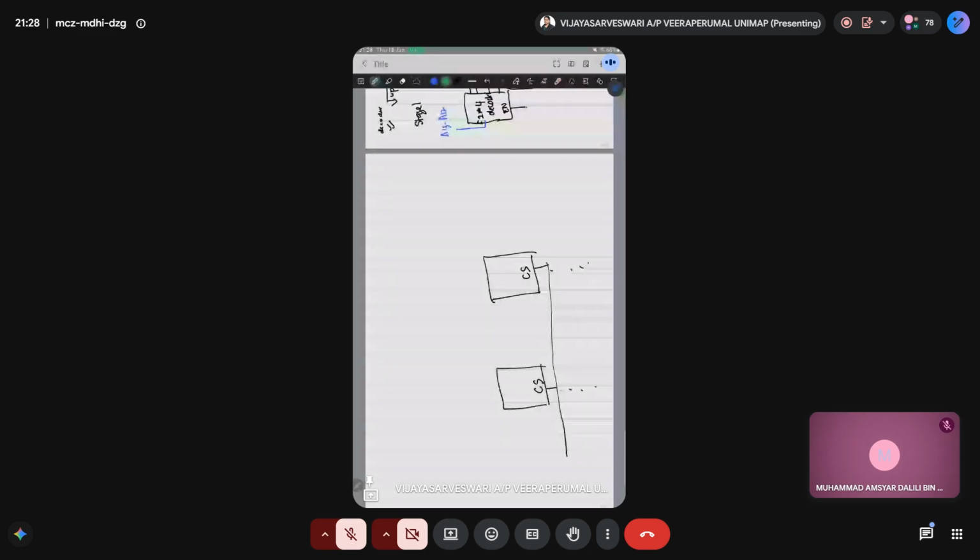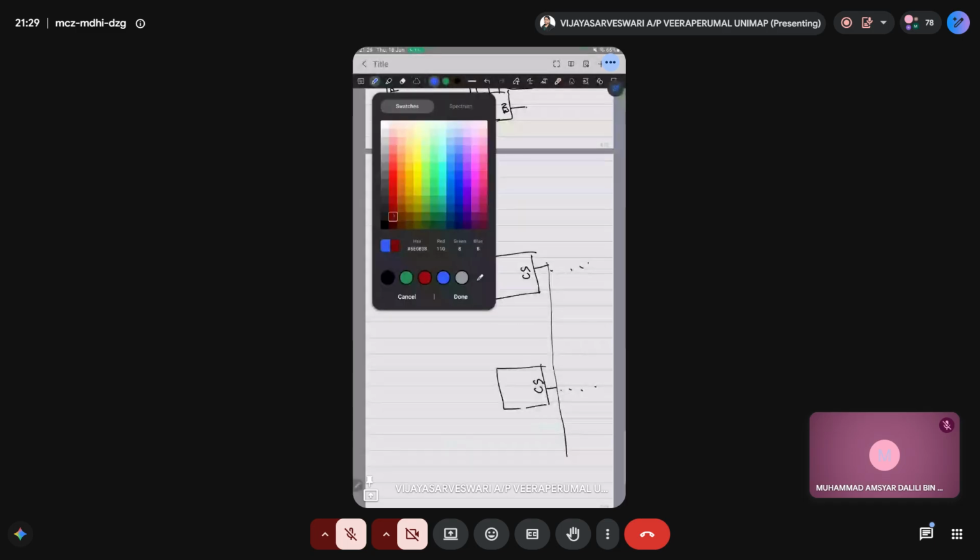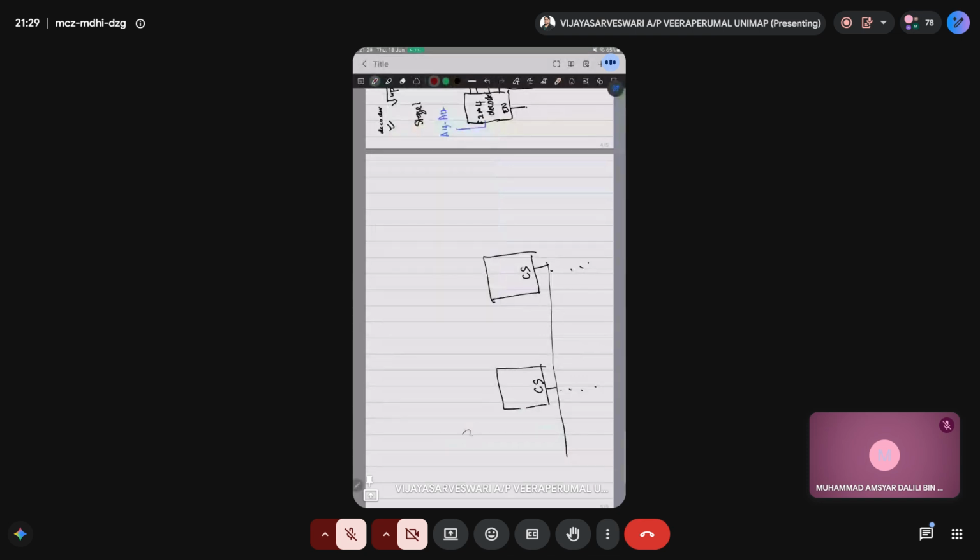Kalau kita tengok tadi, kita punya input adalah daripada A9 to A0. So the same input, and then our data will be D7 to D0 and D15 to D8.